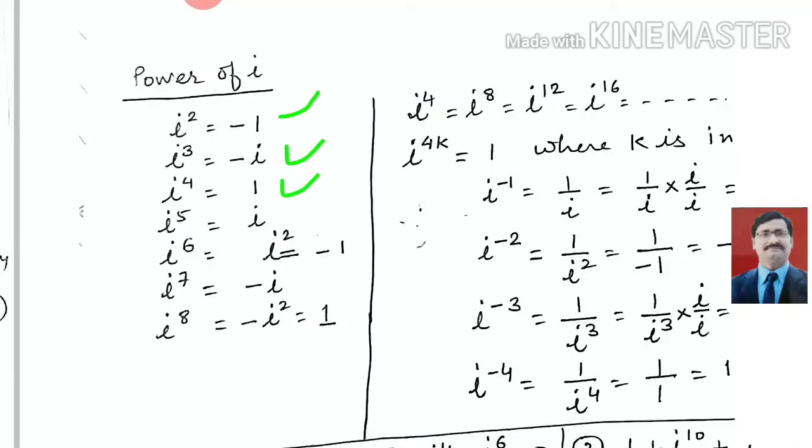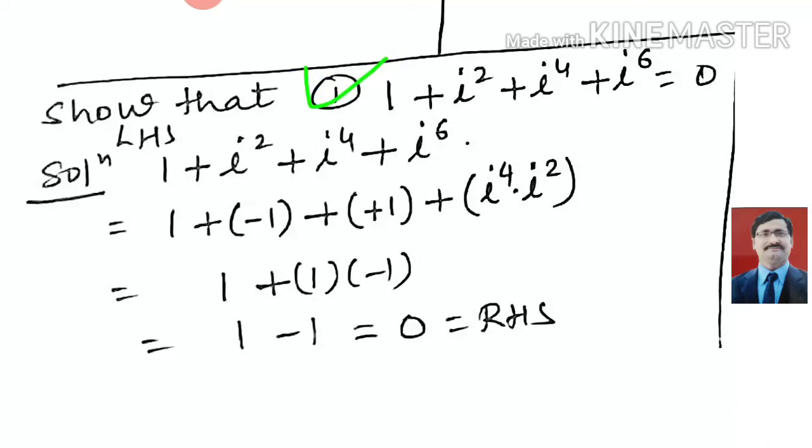So iota power 2 is minus 1, iota power 3 is minus iota, and iota power 4 is 1. That is very important. Look here, you have to show that 1 plus iota square plus iota power 4 plus iota power 6 equals 0. How can we prove it? First we take the left hand side, which is 1 plus iota square plus iota power 4 plus iota power 6.